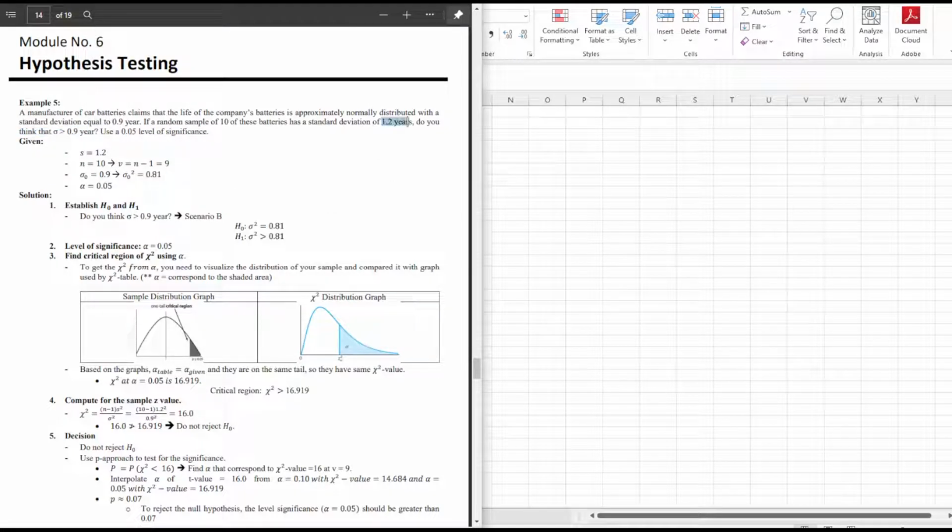Is this 1.2 statistically more, or significantly greater than this population standard deviation of 0.9?